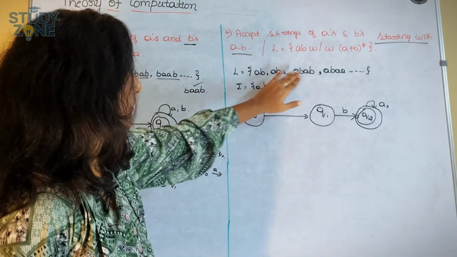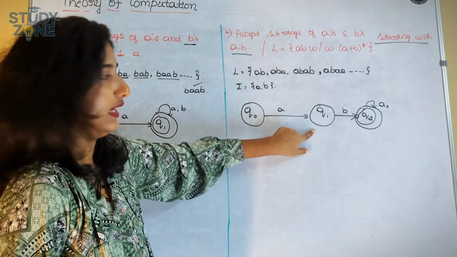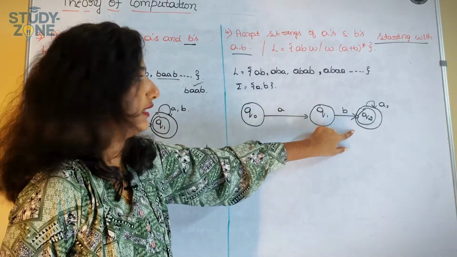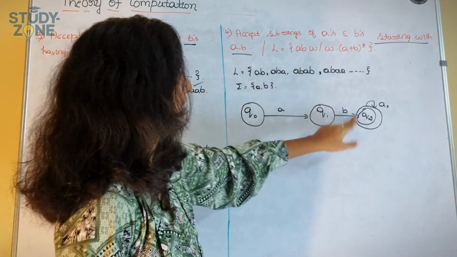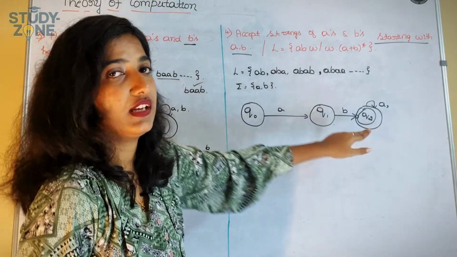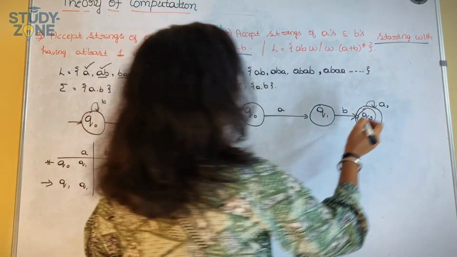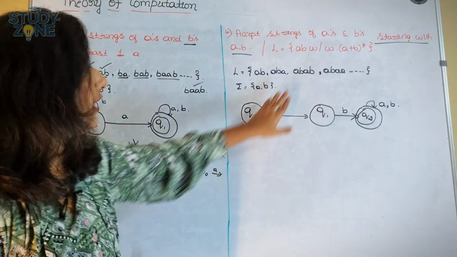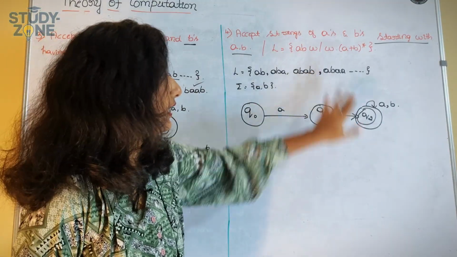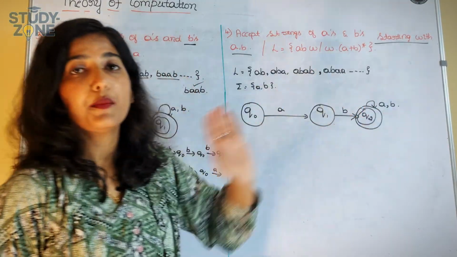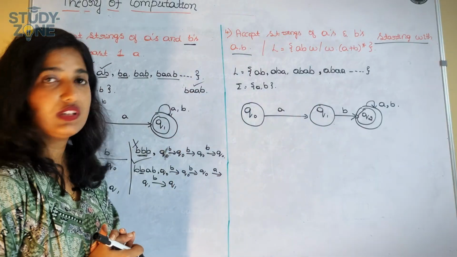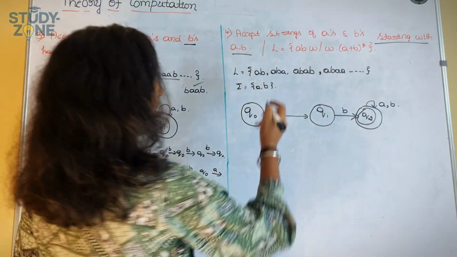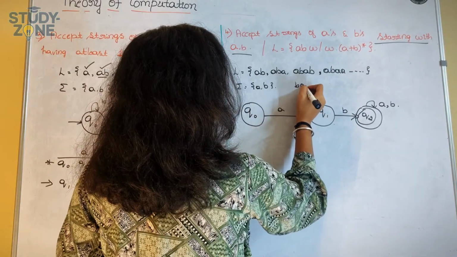And then the next one: A done, B done, and then A, same state, and then B, it should be in the same state. Correct? So on A comma B, it is done, right? A, B, A. But now the question is, what if this string starts with BA?